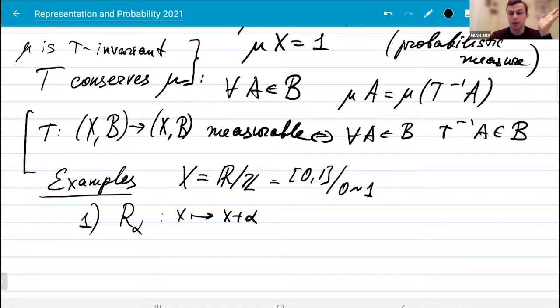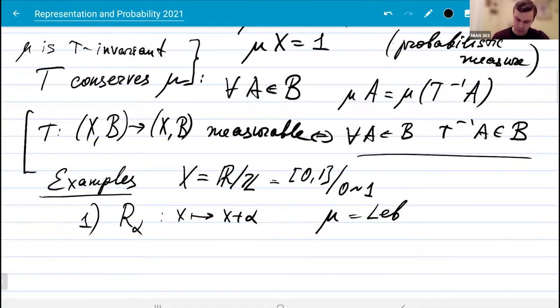So if, for example, alpha equals 1/2, you just turn the circle by 180 degrees. Then mu is the Lebesgue measure. You can think, for example, that this is the Lebesgue measure on the unit interval, and the gluing of its ends doesn't change anything. Then, of course, you have this condition, so this measure is invariant.